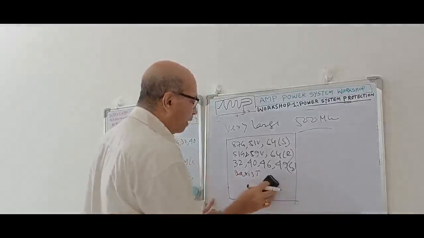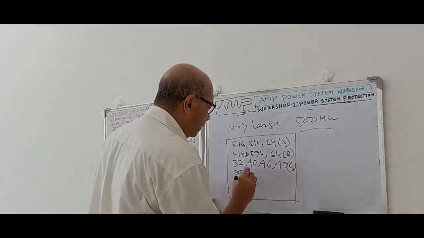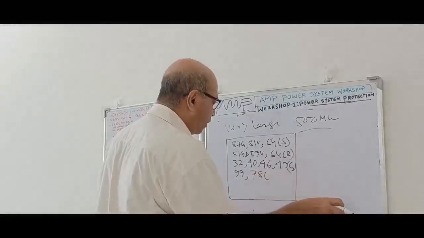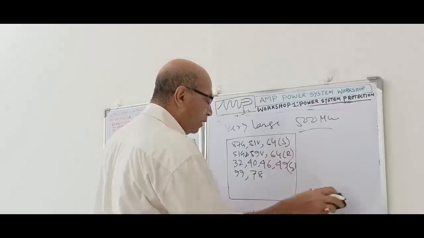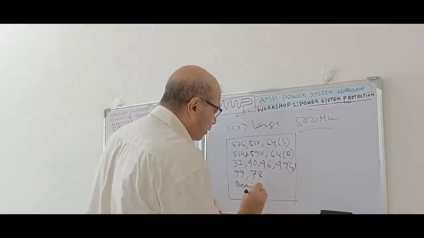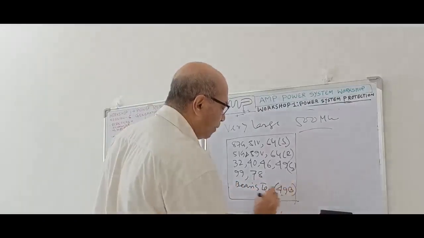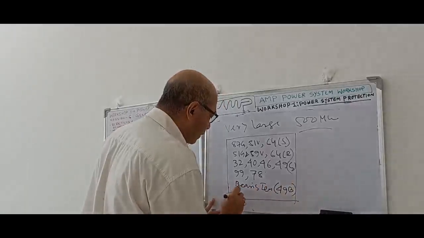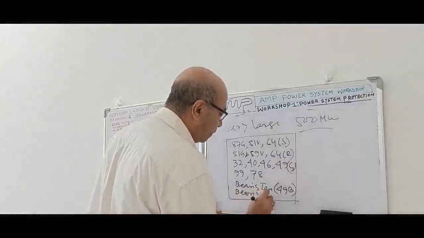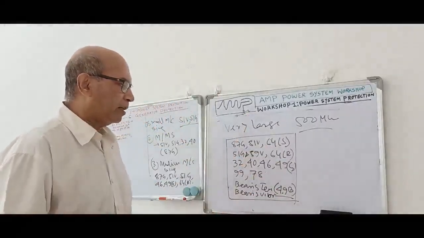Then we'll put overfluxing also in case of generator transformer connected, 99. Then we'll put 78 pole slipping or out of synchronism. Then we'll provide bearing temperature 49B, and then we'll give the bearing vibration. These are the protection functions we'll provide for the very large size machine.